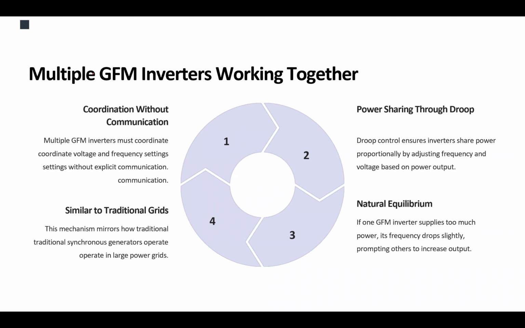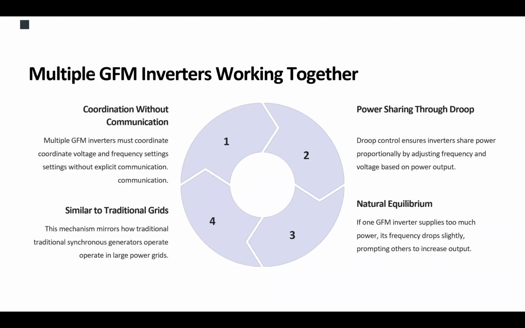We already mentioned in the beginning of the discussion that they basically coordinate because of the way they respond to the deviations. They coordinate without communication. All they see is there is a problem in the grid, and all of them stand up to solve that problem.